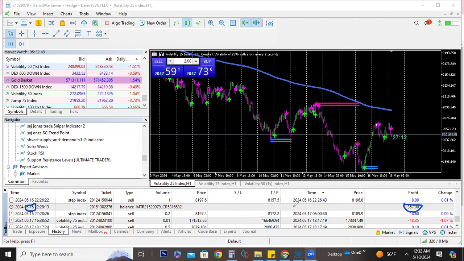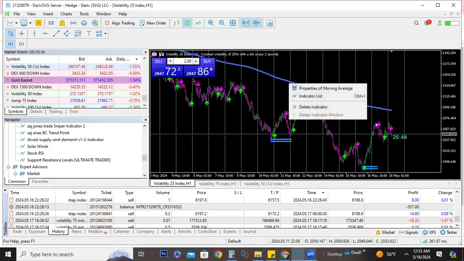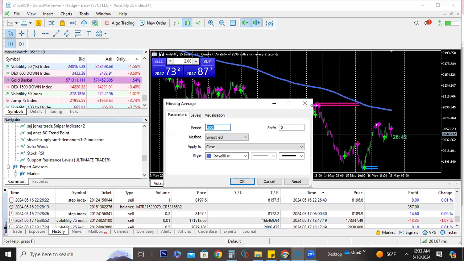What we'll do here is I'll show you what I'm doing, and then we'll go through looking at Forex, and then we'll look at futures too. So what I'm doing here is I have a 200 moving average, and that 200 moving average is smooth.